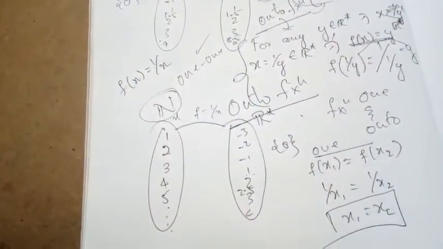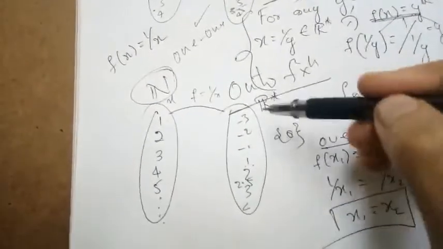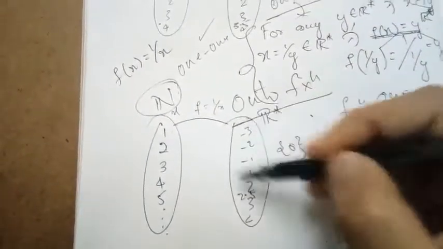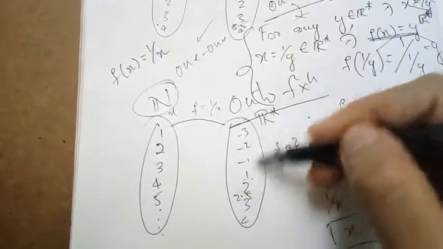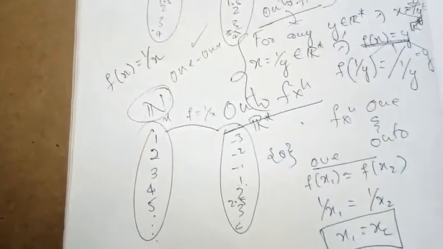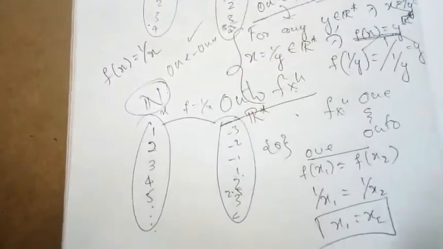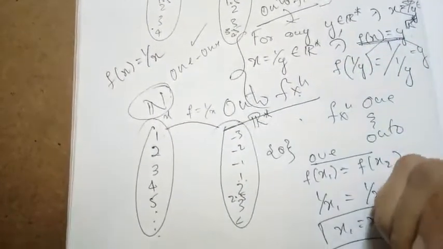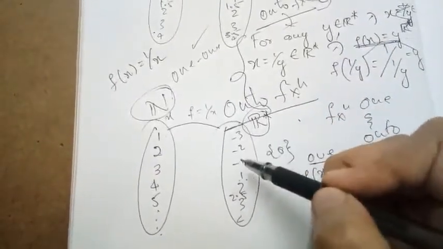Now, checking for the onto function. It is clear that the negative numbers are not at all the image of the set of natural numbers. To prove it is an onto function, we need to check all the elements present in the set of real numbers. By looking at the negative numbers only, you can think here.